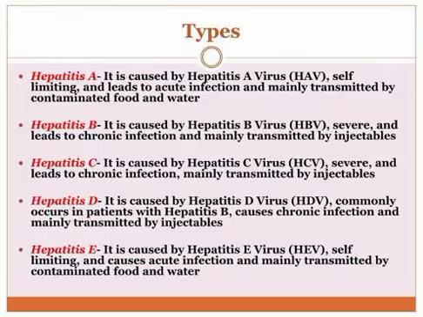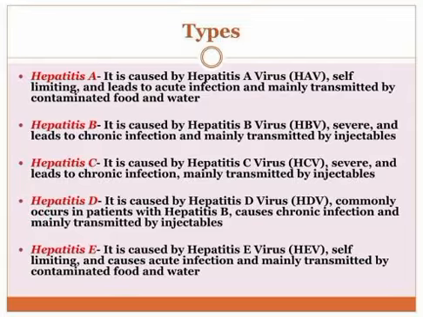Next will be hepatitis D. Hepatitis D is caused by the hepatitis D virus and commonly occurs in patients with hepatitis B. The virus easily affects persons who are already affected by the hepatitis B virus, which causes chronic infections, and is mainly transmitted by injectables.